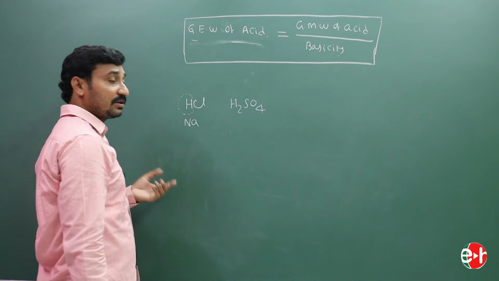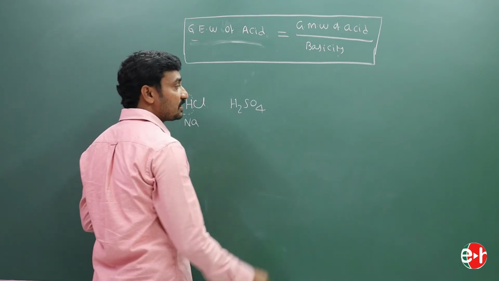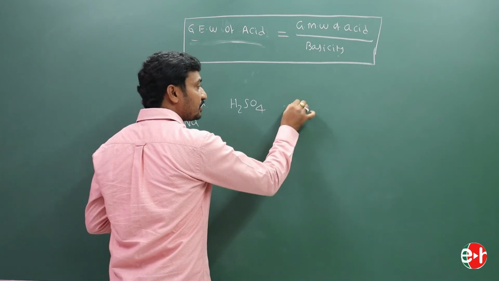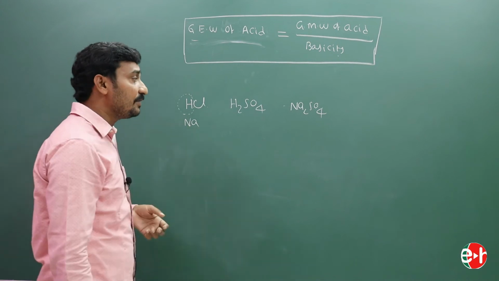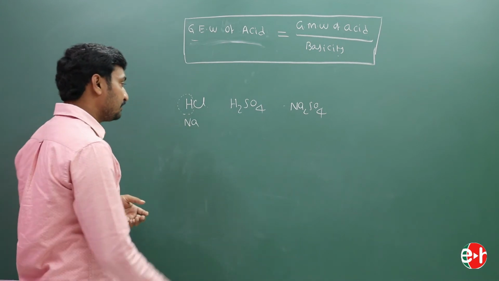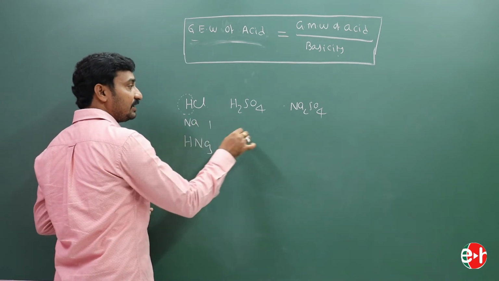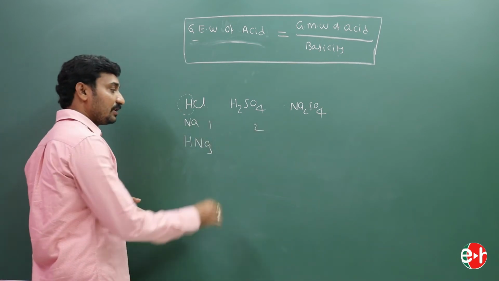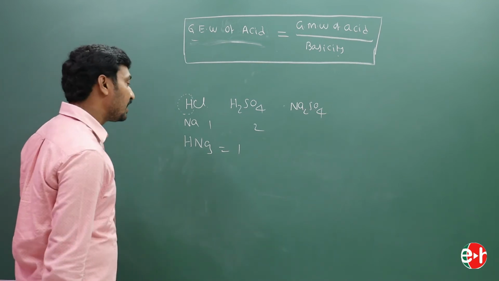Here there are 2 replaceable hydrogens present. 2 hydrogens are replaceable by metal atom and give Na2SO4. So here basicity is 2. In HNO3, basicity is 1. 1 hydrogen replaceable by metal atom.